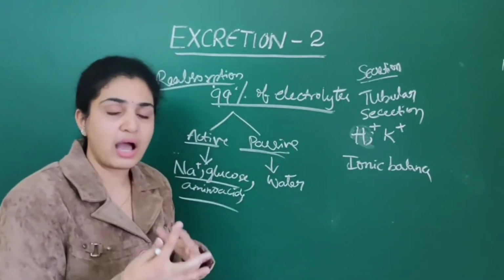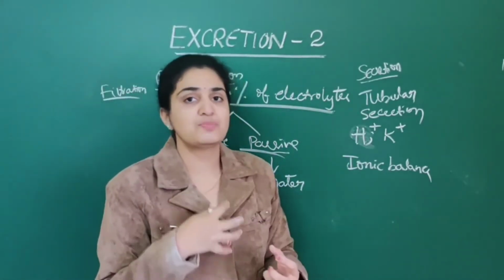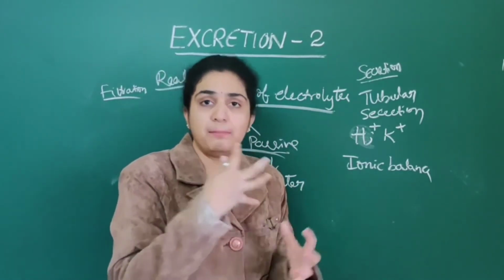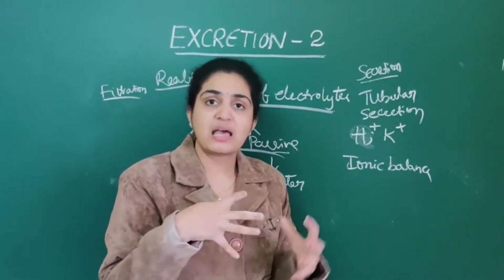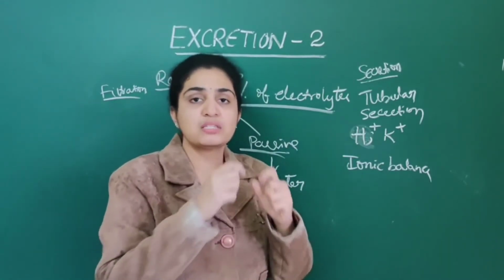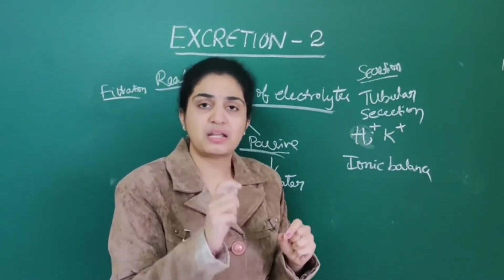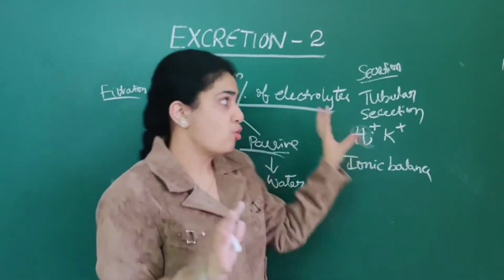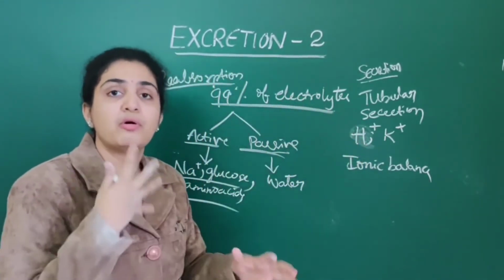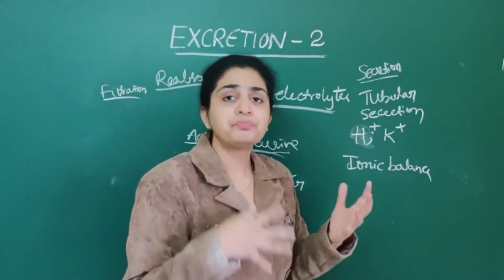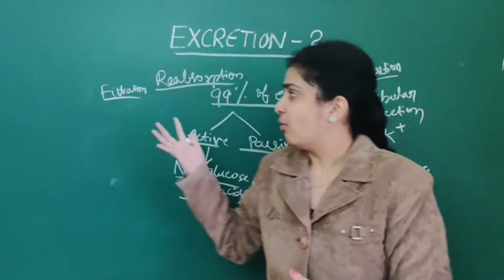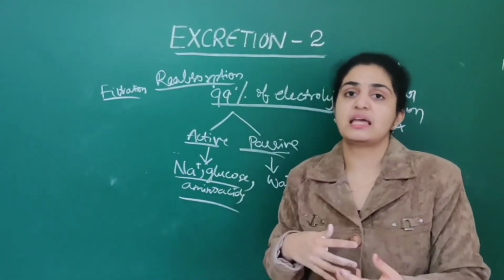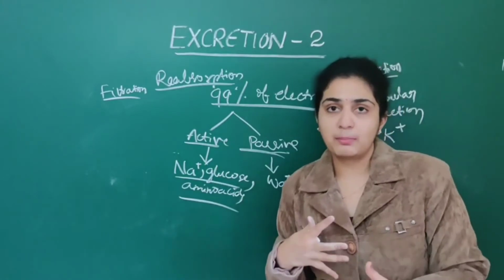In filtration we have discussed the glomerulus, which plays a very important role, as well as the epithelium of Bowman's capsule, the endothelium of the glomerulus and the basement membrane. Here an important NEET question: mostly in this part they will ask only about GFR. GFR is about 125 ml per minute, the amount of filtrate formed by the kidneys per minute.